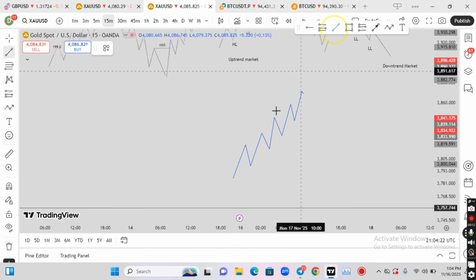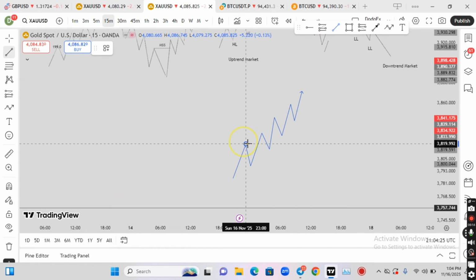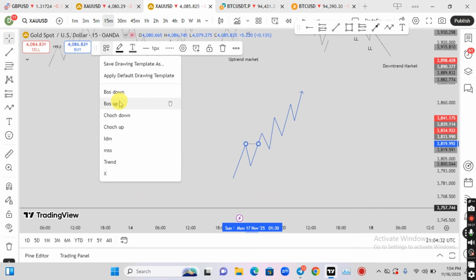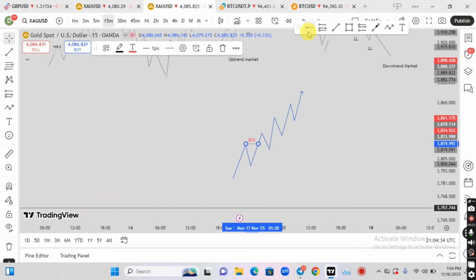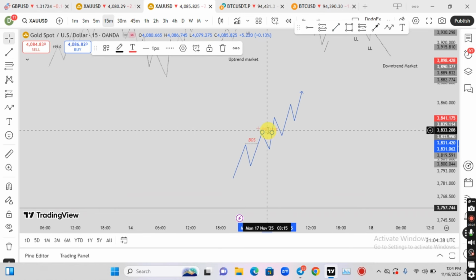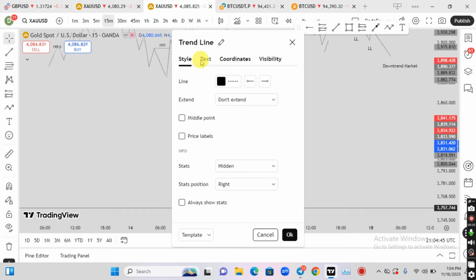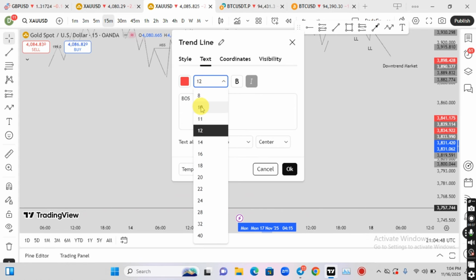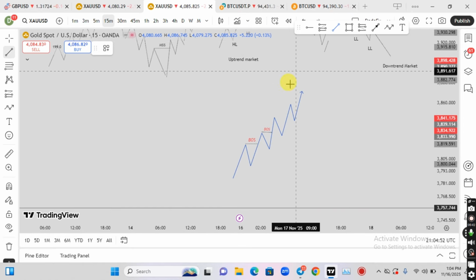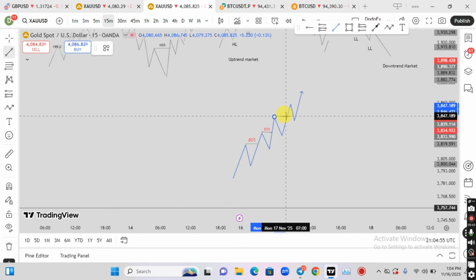These zones here that price is creating, this level that price is breaking, is called break of structure. This level here is called BOS. This zone that price is breaking here is called break of structure.